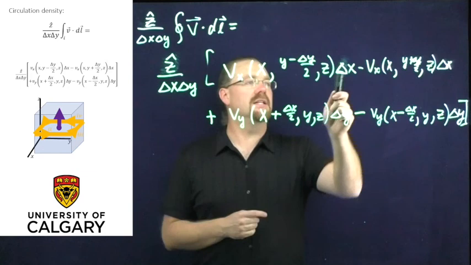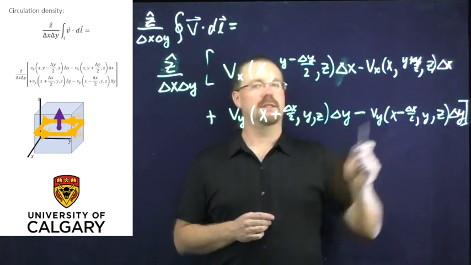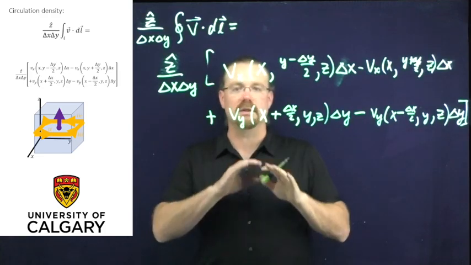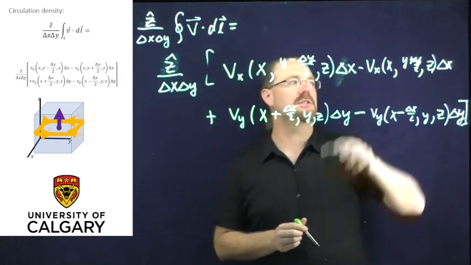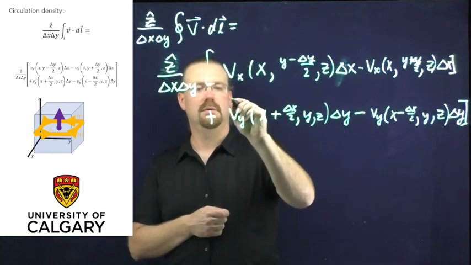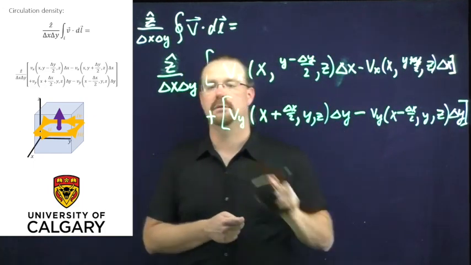All right, so we've got a delta x here, a delta x here, a delta y here, a delta y here, and we've got this delta x and delta y out front. So let's go ahead and simplify just a second by breaking this into two different summations.